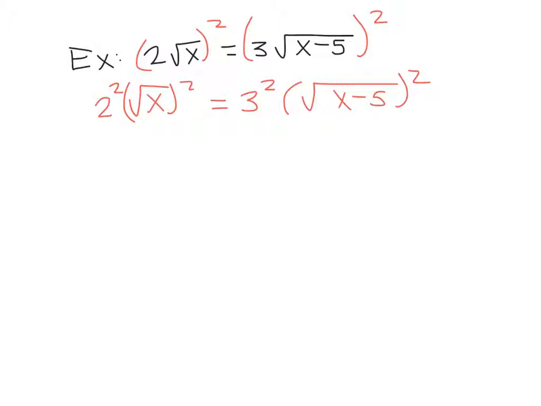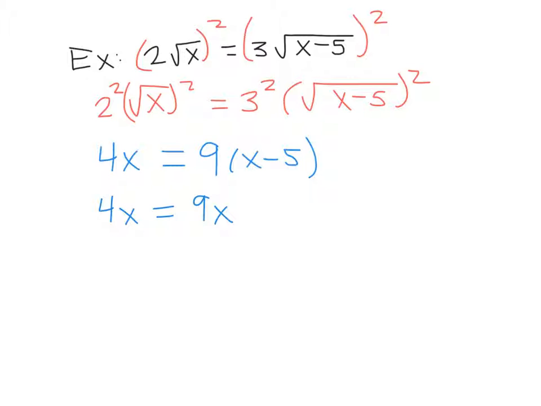Okay, so we get 2 squared, we get 4. x, square root of x squared is just x. 3 squared, we get 9. And then square root of x minus 5 squared is just x minus 5. Next, we distribute the 9. So we get 9x minus 45.